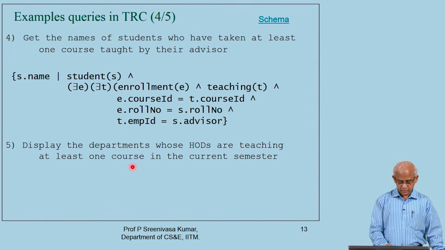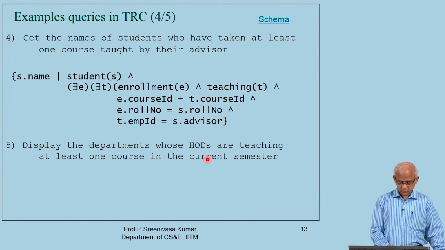Okay. So, we want to now check what are all the departments. Display the departments, that means we will take the name of the department, and we want to check whether the HOD of that particular department is teaching at least one course in this semester.